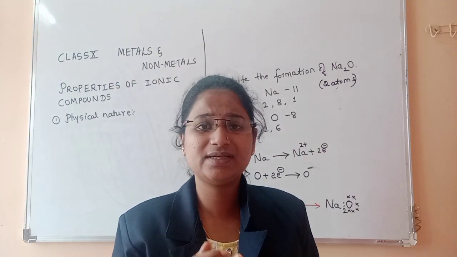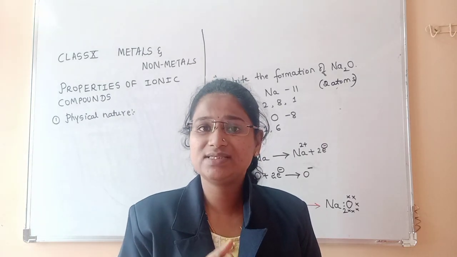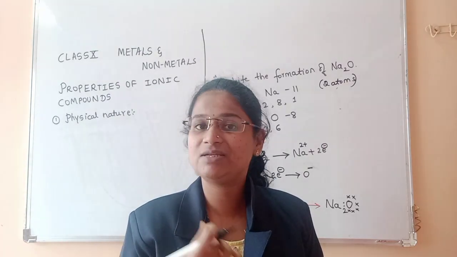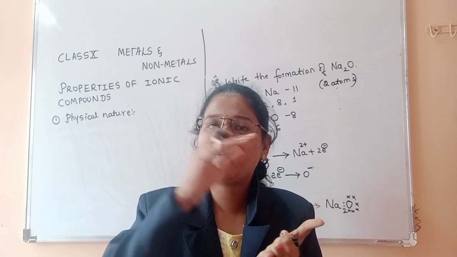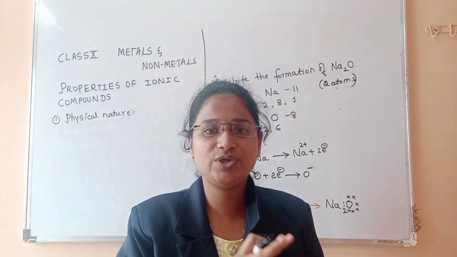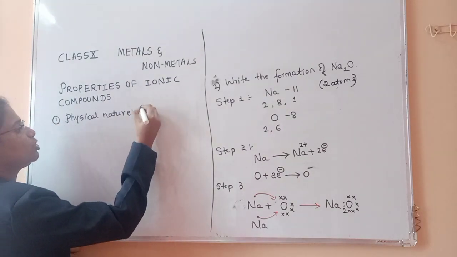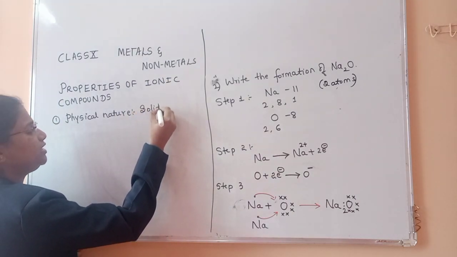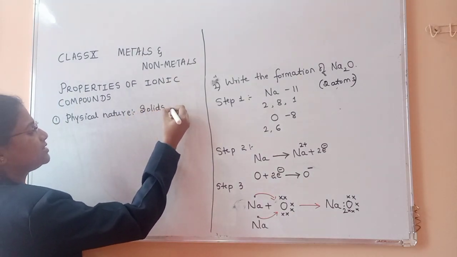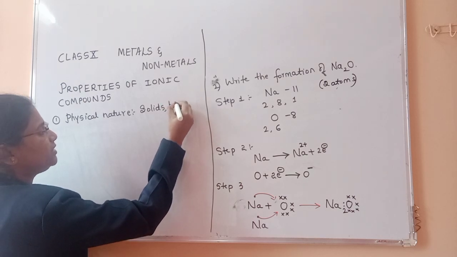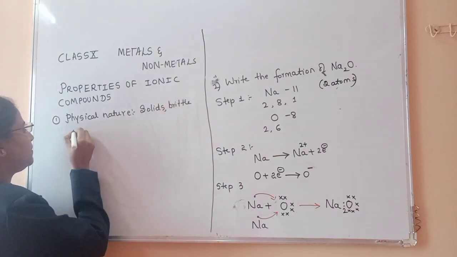Sodium chloride is nothing but common salt. It is crystalline and solid, and whenever you apply pressure, it becomes powder. So the physical nature of ionic compounds is solid, and they are brittle, meaning they become powder on applying pressure.